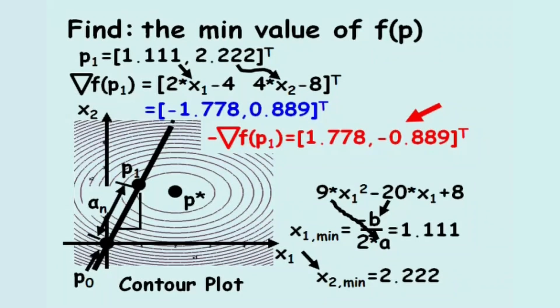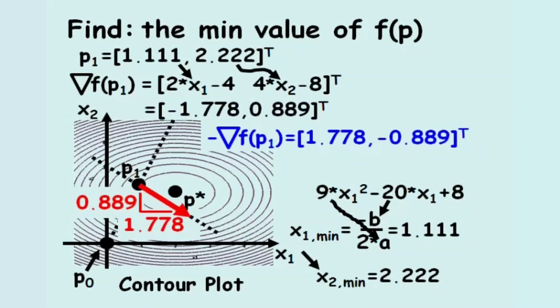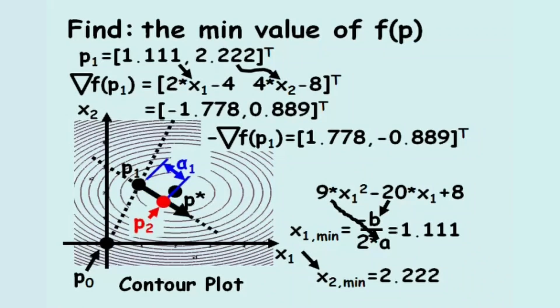Therefore, from point P1, we'll travel 1.778 units in the x1 direction and 0.889 units in the negative x2 direction, a distance of alpha 1, to reach our next point, P2. Point P2 is much closer to our minimizer, p star.